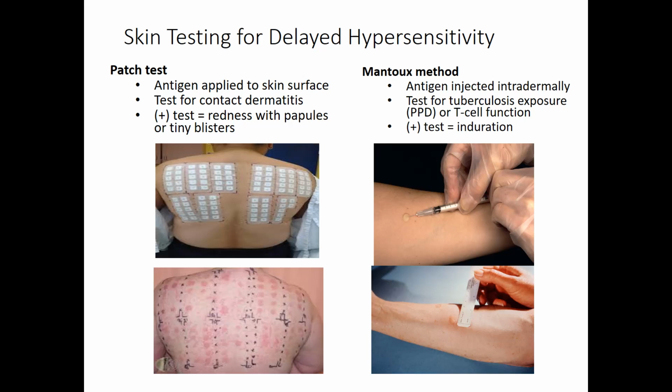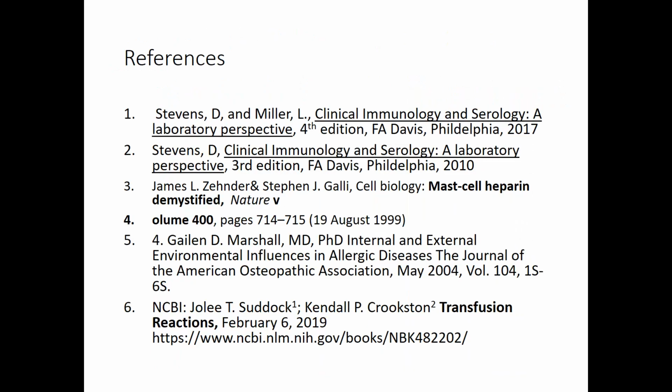In which case, if that's you, don't get a TB test. They'll do an X-ray of your lungs and check it that way. But don't let them do this, because your arm is going to swell up like a balloon. You've been exposed to it, you've developed antibody to it, so this is going to be really positive. So don't do that. So those are kind of the skin testing that we think of typically for delayed hypersensitivity.